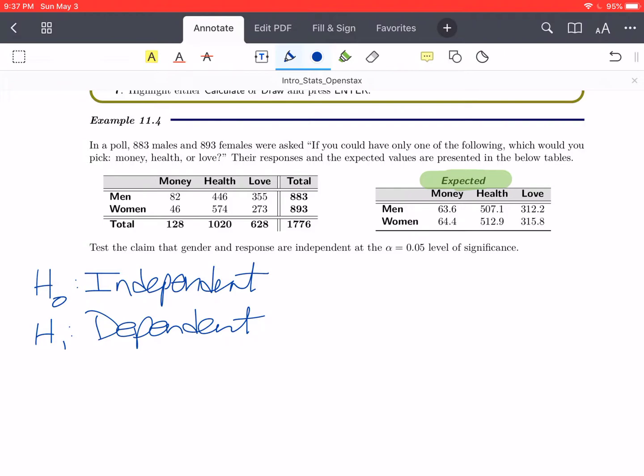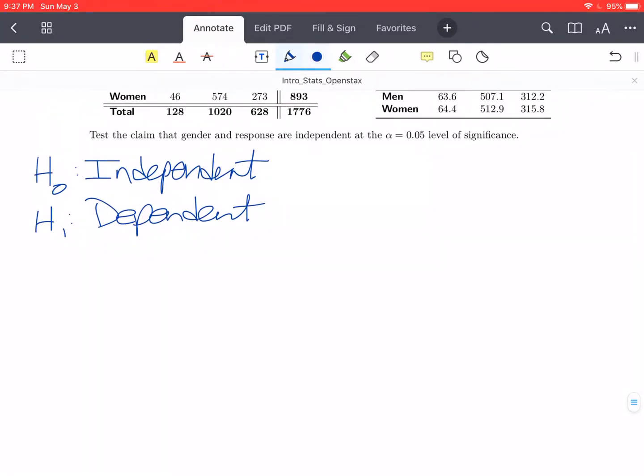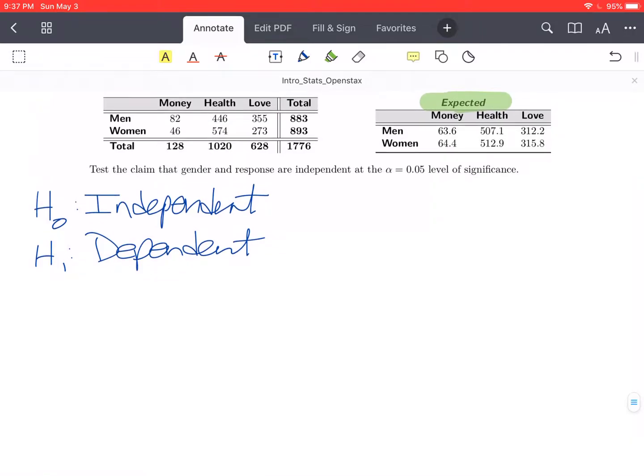So now we are going to need to create our test statistic. So our test statistic, chi-squared not. This is observed minus expected, right?